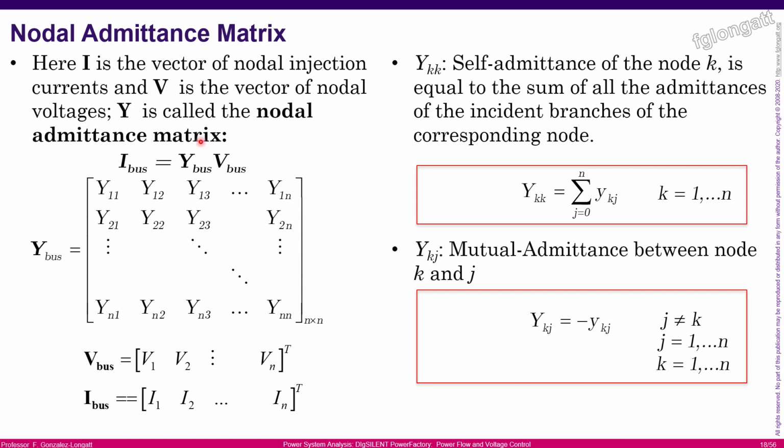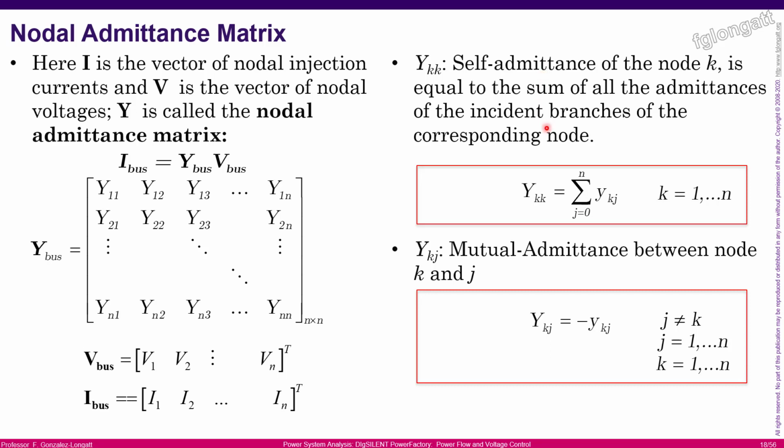Now, you can see it's extremely simple. We have the admittance matrix, a vector for voltages, a vector for currents, and we can identify the expression for each element inside the admittance matrix. The admittance matrix has very beautiful properties I will discuss in a minute, but I want you to understand that the diagonal section of this matrix is what we call self-admittance.